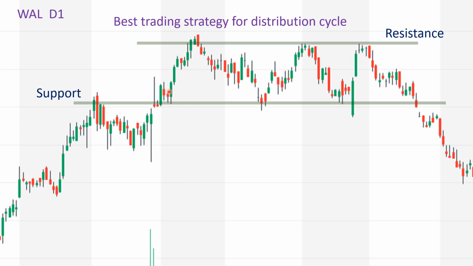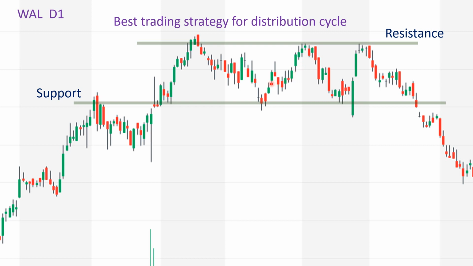trade the distribution cycle. My opinion is, since the trend is going upward and you do not know where this distribution cycle ends, you can consider this upward and only enter the market. So you go with the trend. The trend is upward, and although it goes into consolidation, you can still enter the market, not exit.